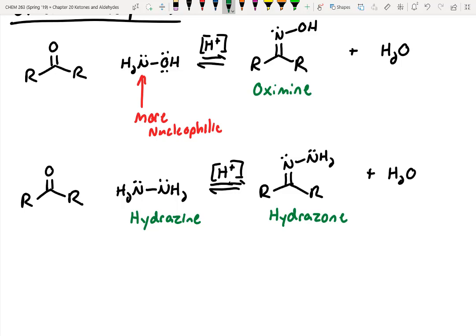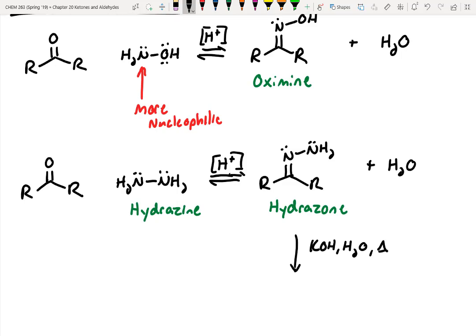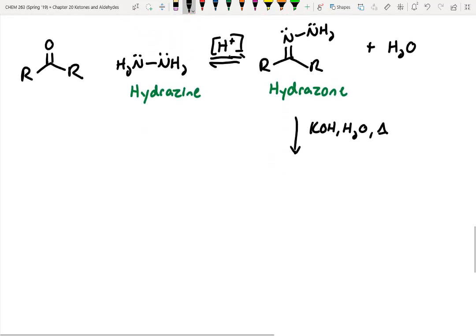All right, so the cool thing with this, we'll talk about this next, is we can actually treat this with potassium hydroxide, water, and heat, meaning that hydrazone, once we isolate it, what you can do is go all the way to an alkane.